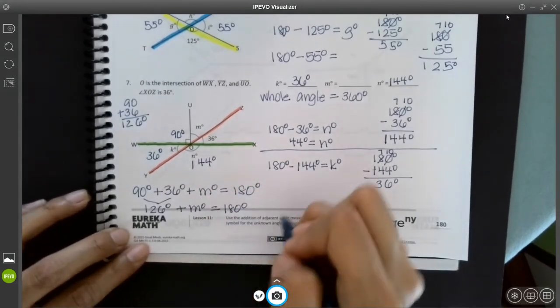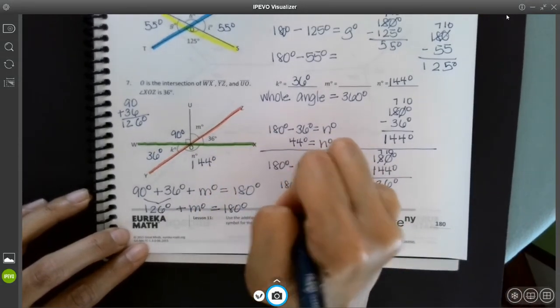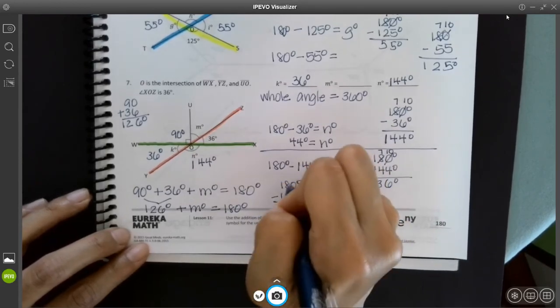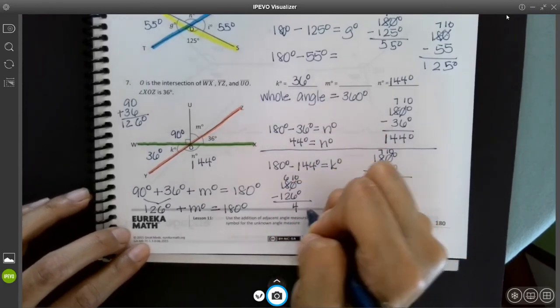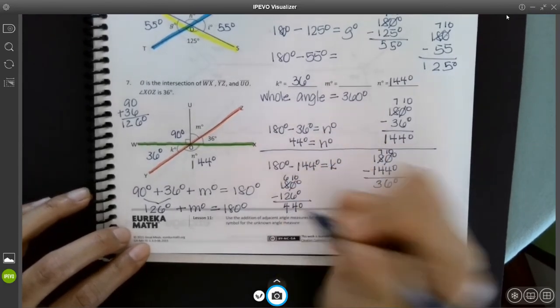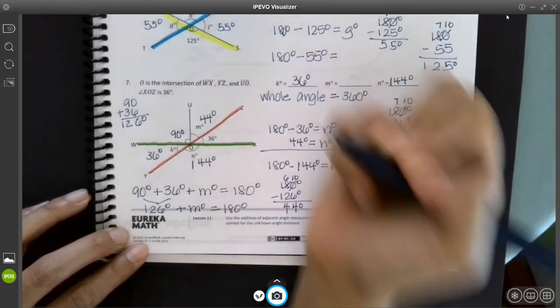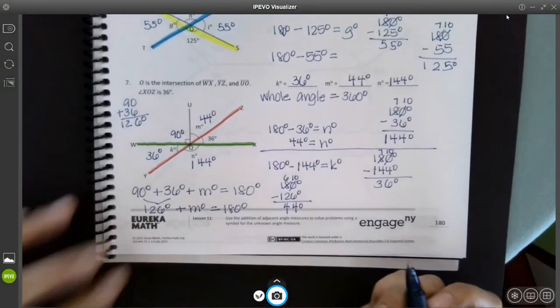I'll use my subtraction. 180 degrees minus 126 degrees is 44 degrees. So this time it's 44 degrees. There we go.